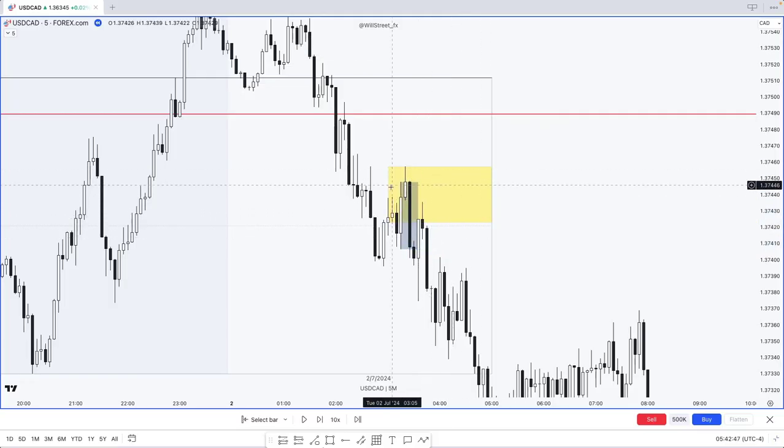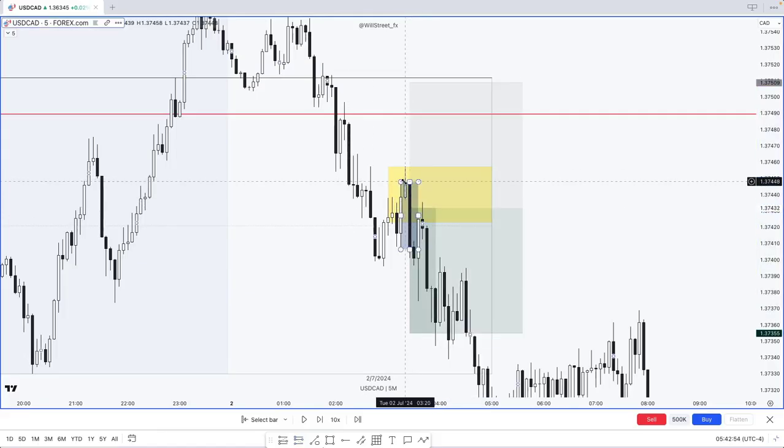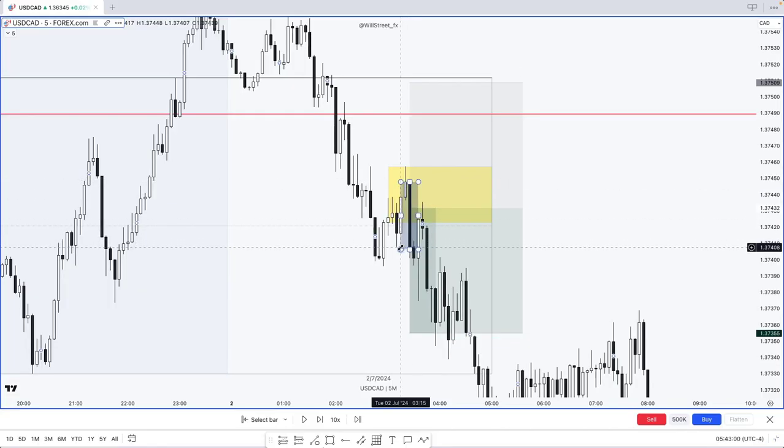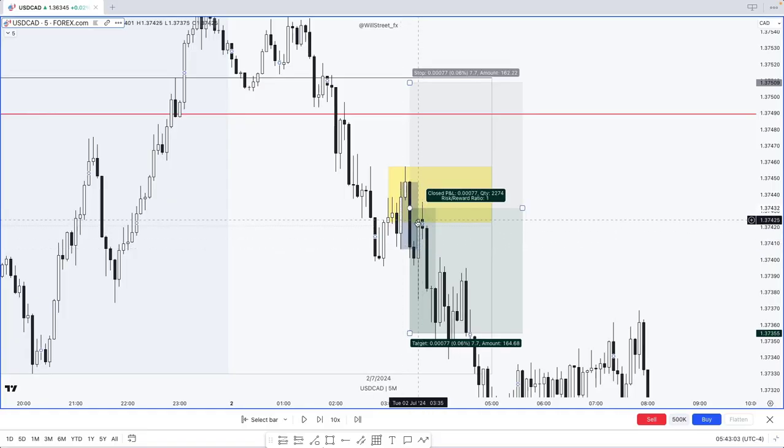This is a power of 3, so ideal shorts. Where was my short? Right here. The first one is the turtle soup. The second one is power of 3. When this is done, we are not allowed to sell here.